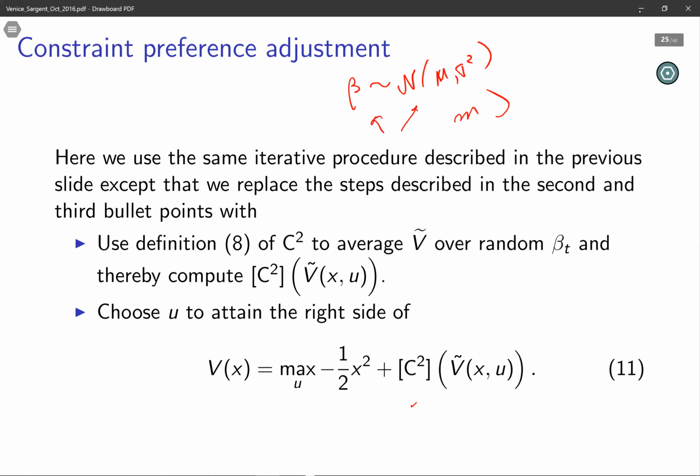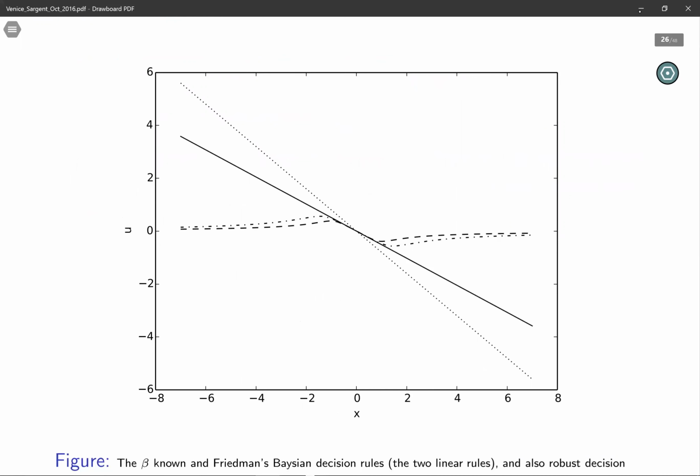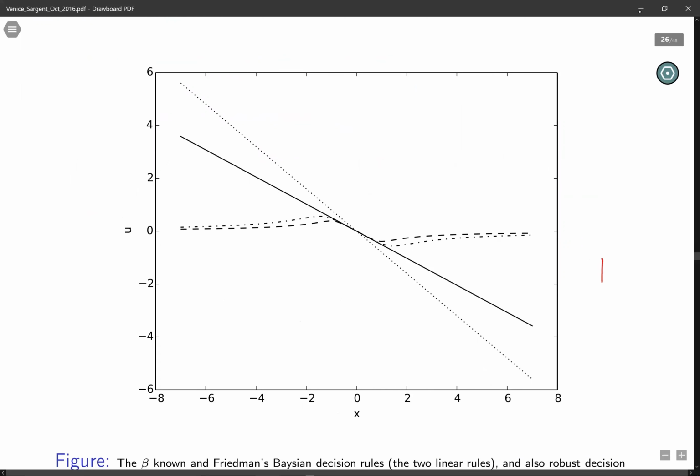Okay, so here's what you get. This is going to be the T2 operator with a fixed theta. I'll show you something else in a minute. What's here is x on this axis, and here's u. To begin with, this line right here is known beta. That's what Friedman was criticizing, known beta. And when x moves, you actually do a lot.